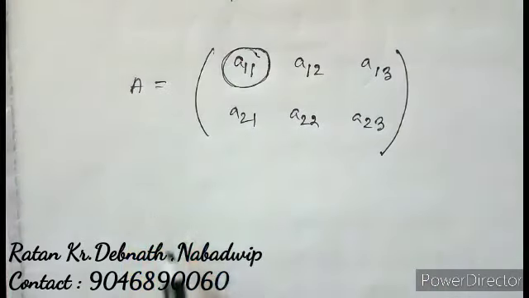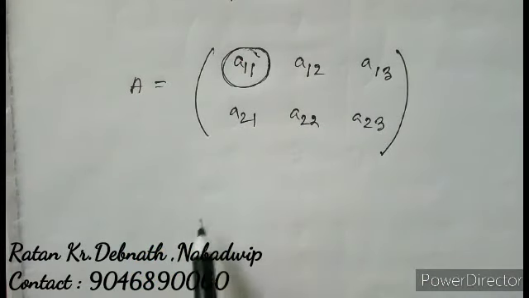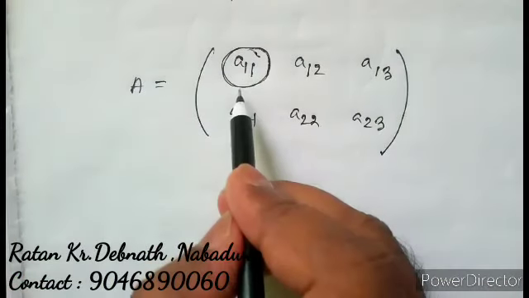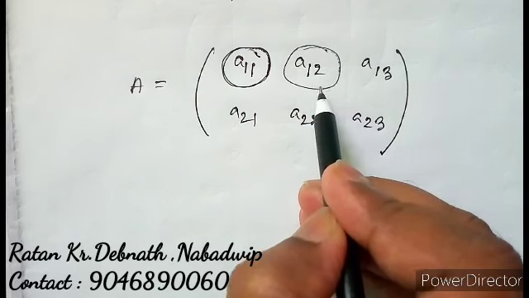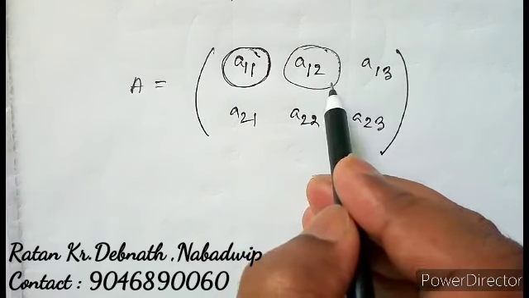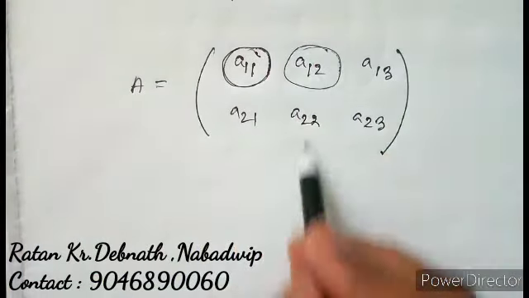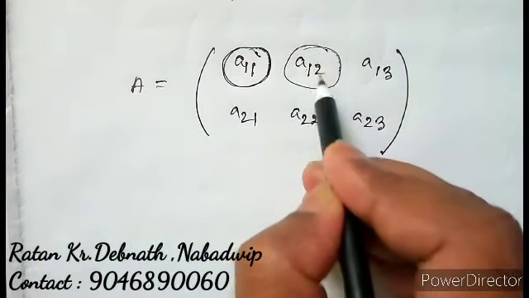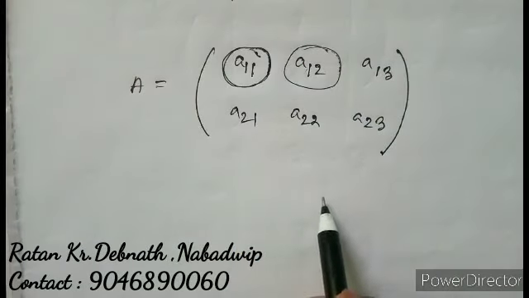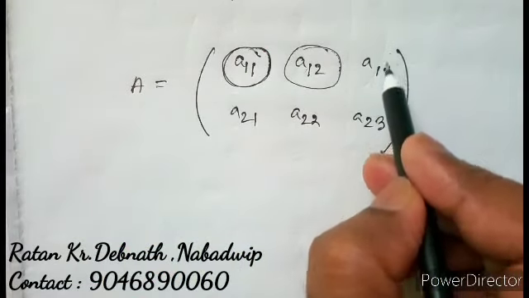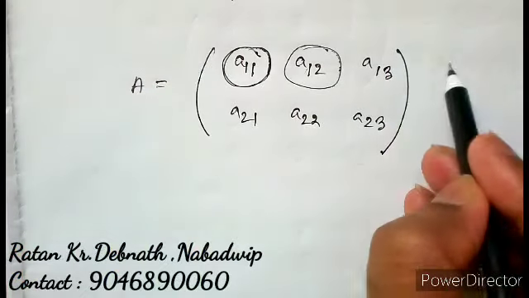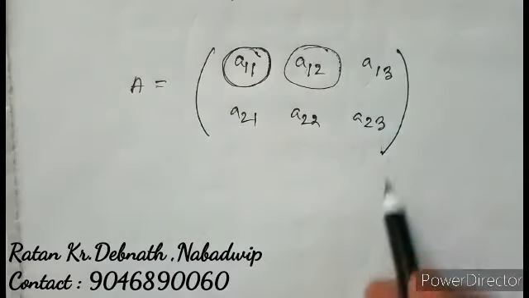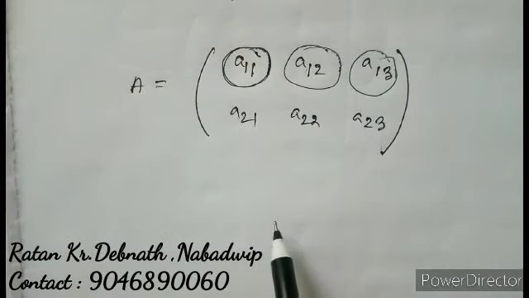So A11 is the element of the first row and first column. A12 indicates the element of the first row and second column. 1 means first row and 2 means second column. The element A13 indicates first row and third column. So A13 is the element of the first row, third column.